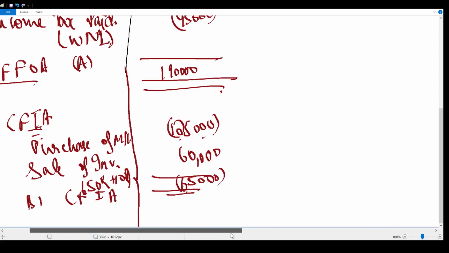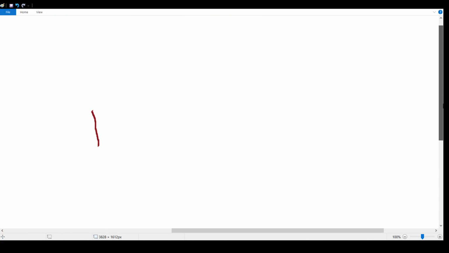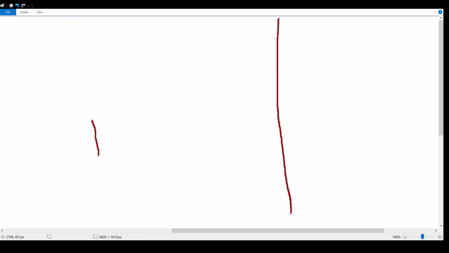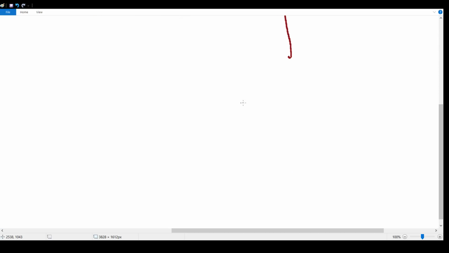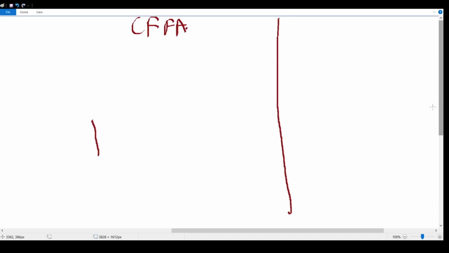Then next, cash flow from financing activities. Firstly, prepare an equity share capital account. Our working note number, I suppose, is 3 or 4. Working note number 3. Okay.